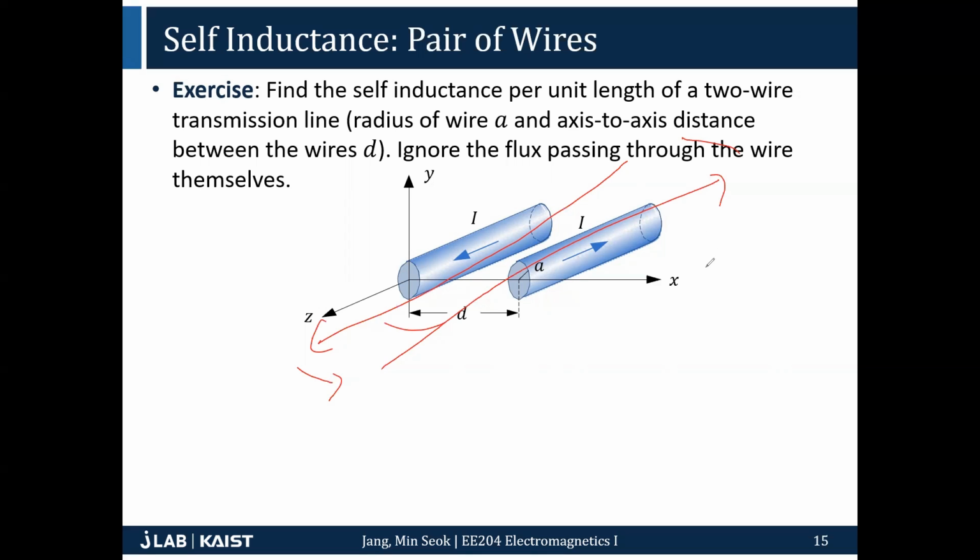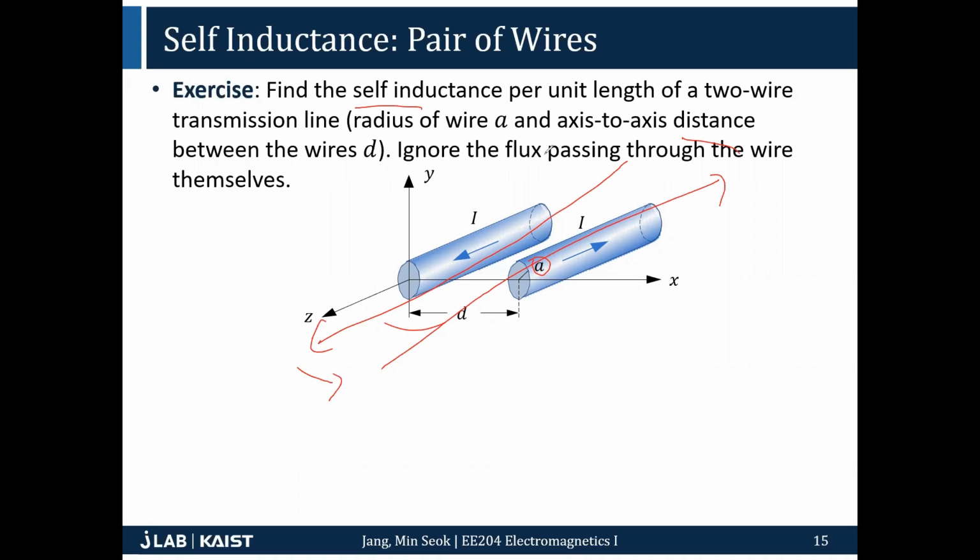So in this case, what's the self-inductance per unit length of wire? Here we assume the radius of the wire is a. It's non-zero, and the center to center distance between the wires is d.